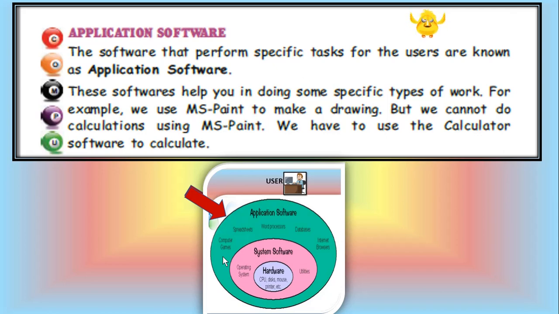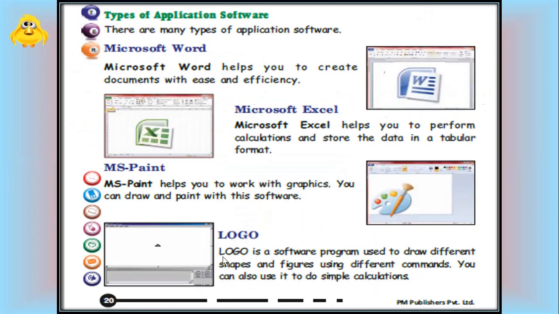We have to use the calculator software to calculate. In the diagram, you can see a red arrow pointing toward the application software. Types of application software. There are many types of application software.